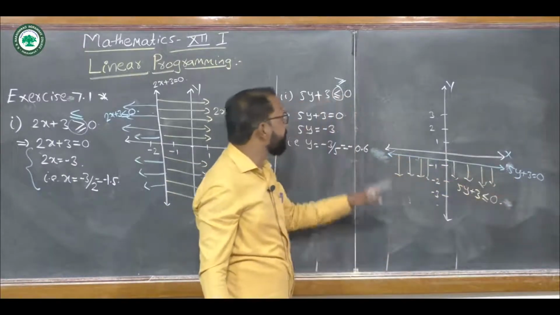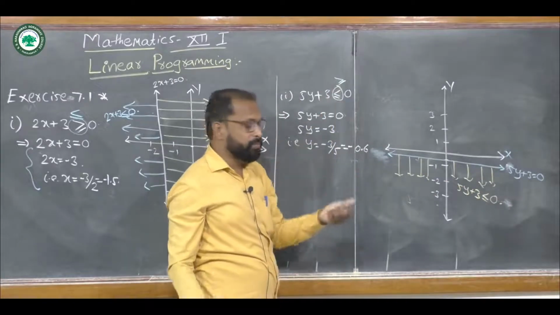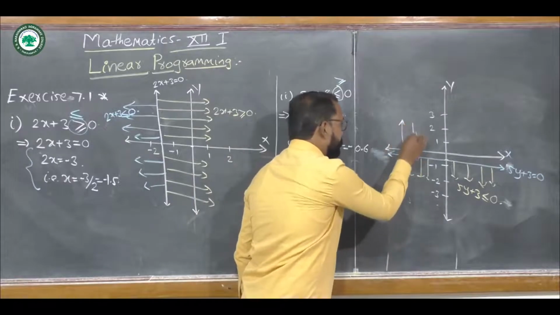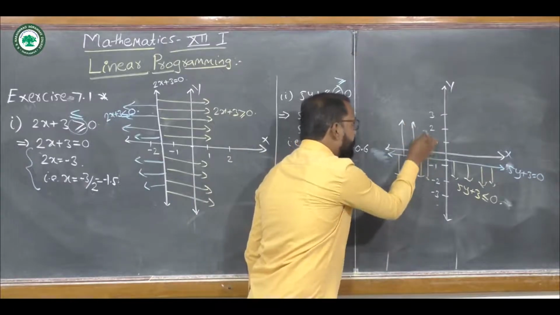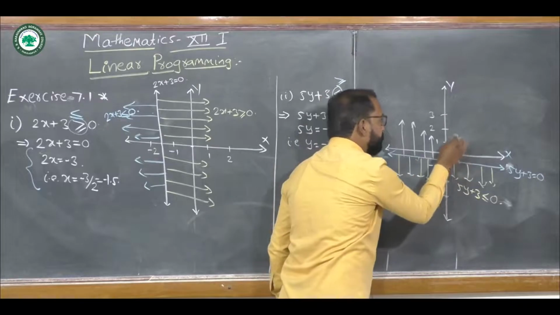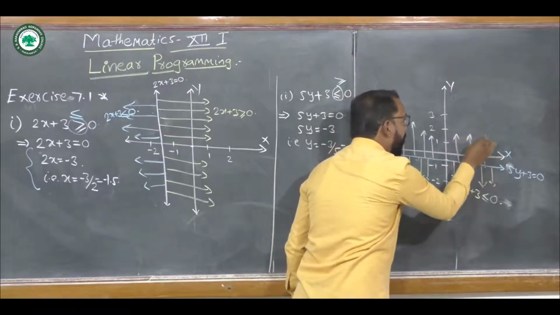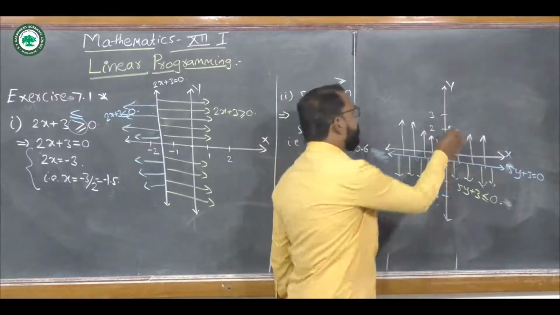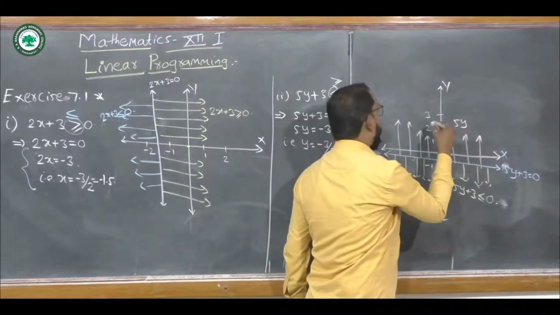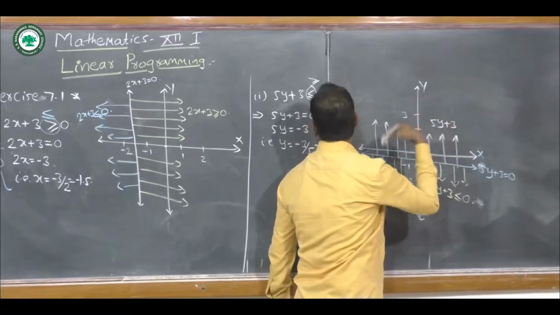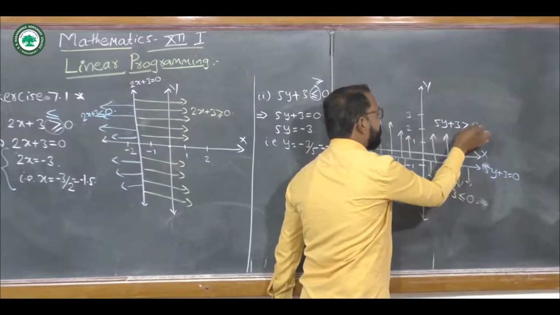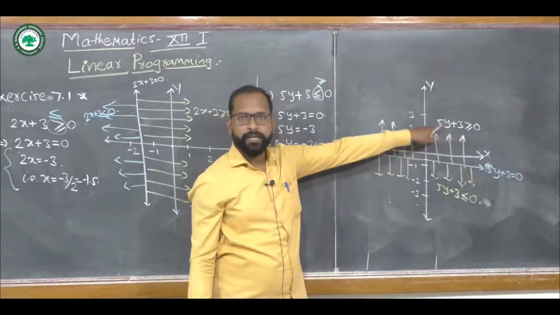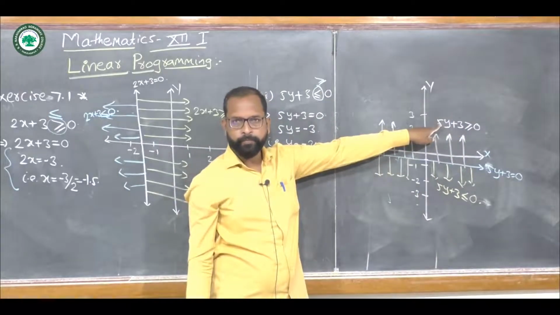But if we consider the inequality of the type greater than or equal to 0, then we consider the region above the line. So the region above the line is represented by 5y plus 3 is greater than or equal to 0.